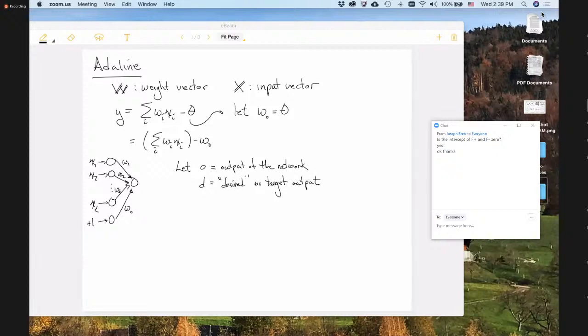In other words, this is, from the supervised learning perspective, the ground truth value that we're trying to learn for a given example. And so from here, O is going to be a function of the weights of our input, and D we can denote with a function T to represent target.